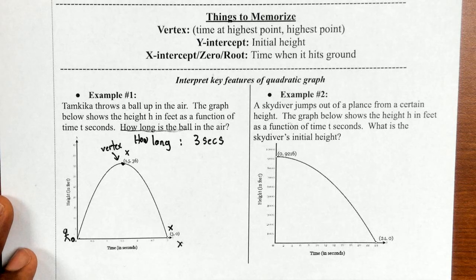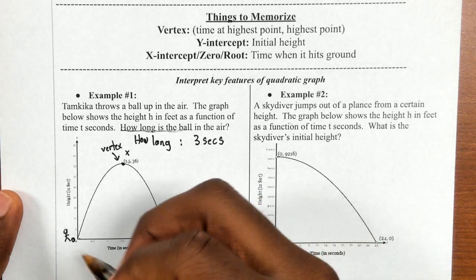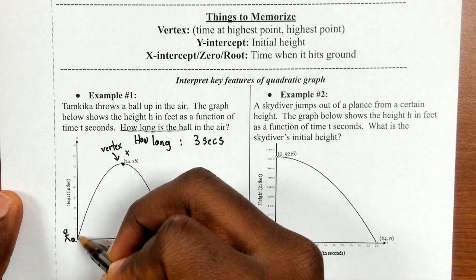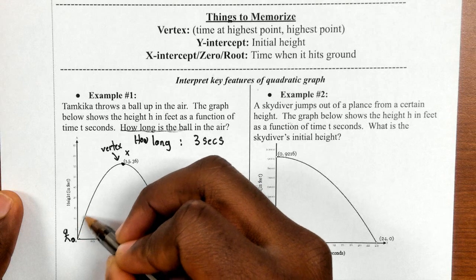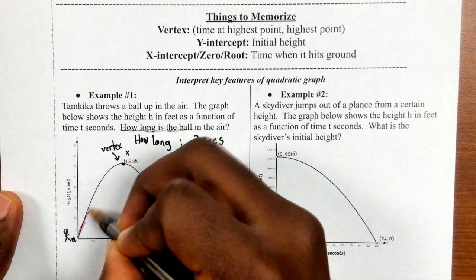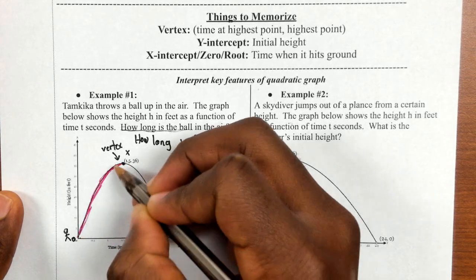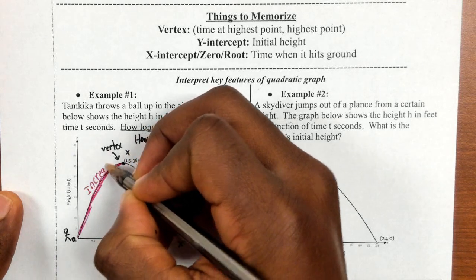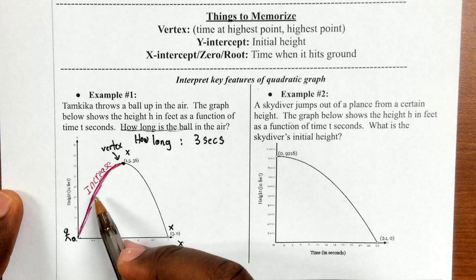However, what if the question asks you a little bit more? What if it asked you, when she kicked the ball, where is it increasing? To figure out where it's increasing, she kicked the ball from here, and we saw that the ball went up. So on this side where it's going up, it's increasing.